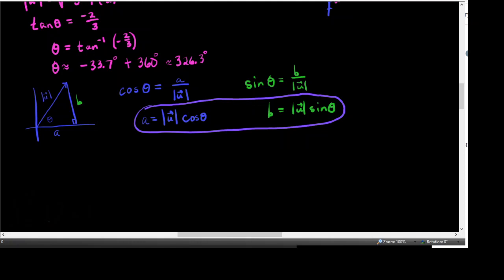And so what that results in is this following statement, that the vector u, which in component form is <A, B>, can be found if the magnitude and direction angle are known by using the formulas given, and this will be <magnitude of u times the cosine of theta to get A, magnitude of u times the sine of theta to get B>.